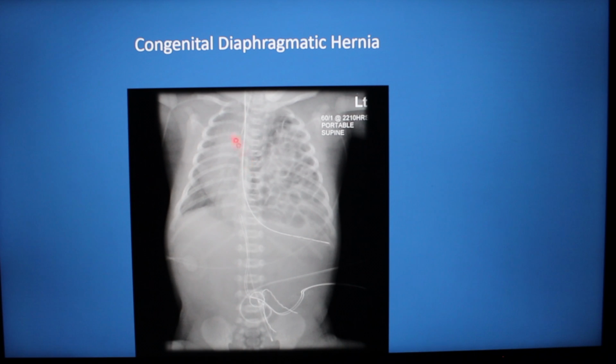This aorta and this heart, everything is being pushed over to here. This is the baby's intestines because there's a diaphragmatic hernia. The majority of diaphragmatic hernias are on the left side of the body. So we will see intestines, sometimes the liver, the stomach will often be up here in the left side of the chest.